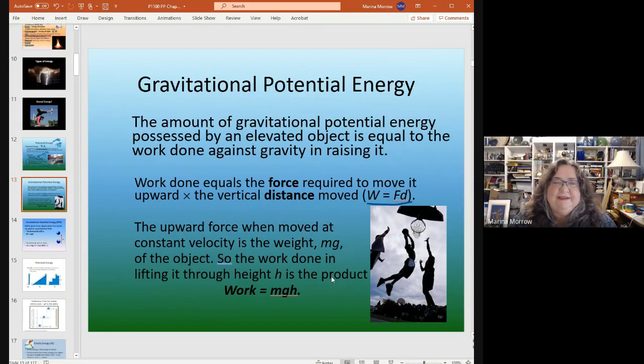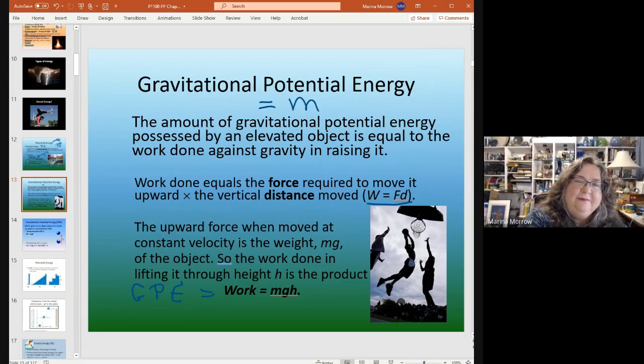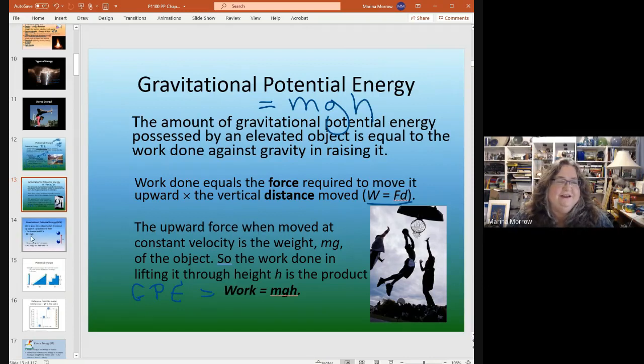So what happens is that you get a formula for gravitational potential energy equal to that formula of work that we talked about earlier. So gravitational potential energy is equal to mgh. That's the formula mgh that you're going to use for calculating gravitational potential energies.